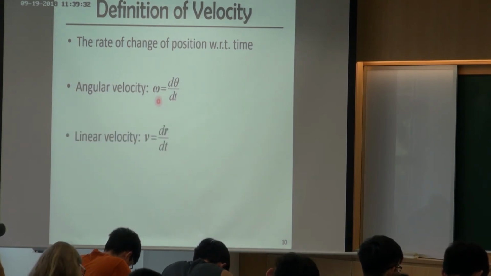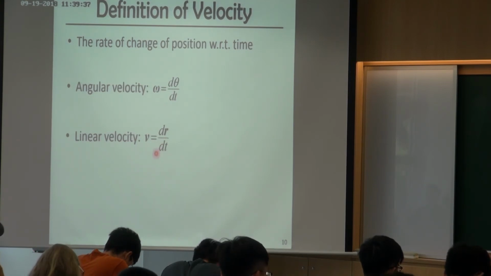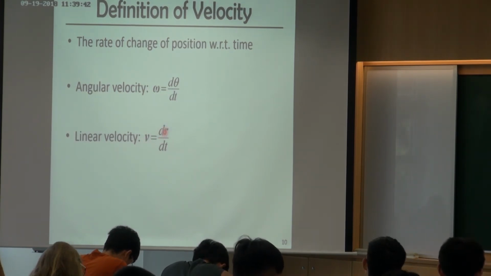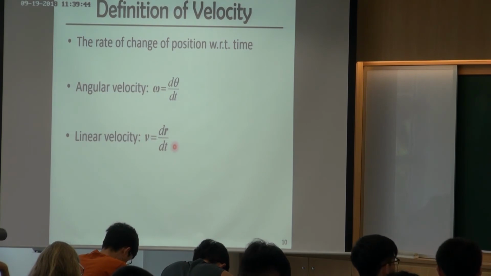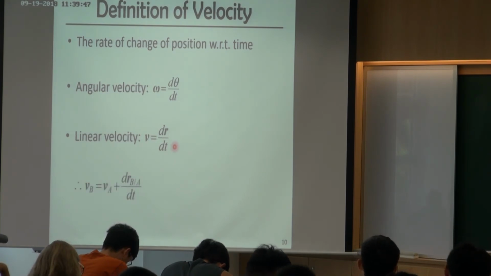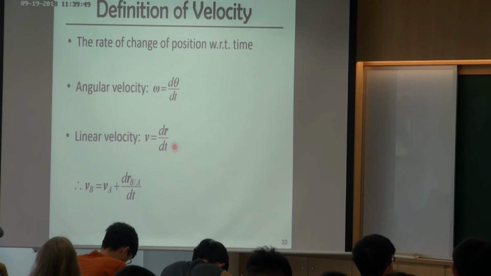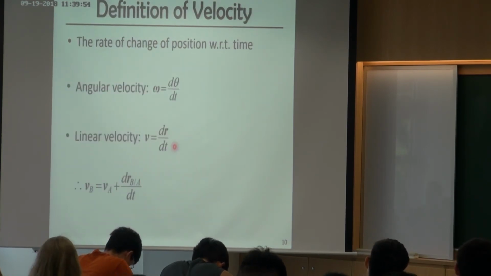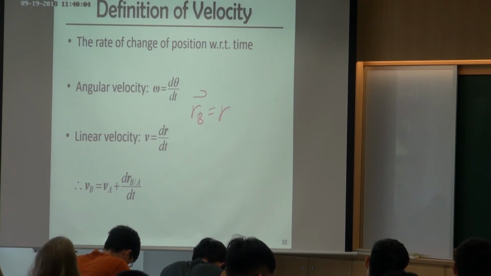We'll also consider linear velocity, which I think you are all very familiar with: V equals dR/dt, where R is the position. And in the previous page, we said RB equals RA plus RB/A.